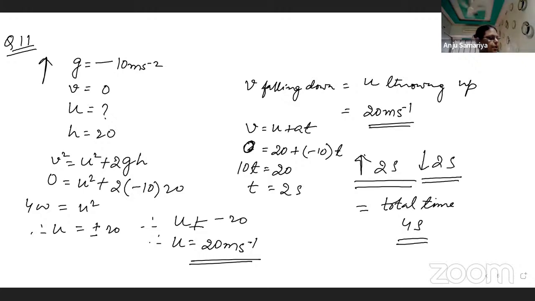Those who have done question number 12, please do question number 13. Ma'am, the formula is U square equals V square plus 2GH, right? V square is equal to U square plus 2GH.